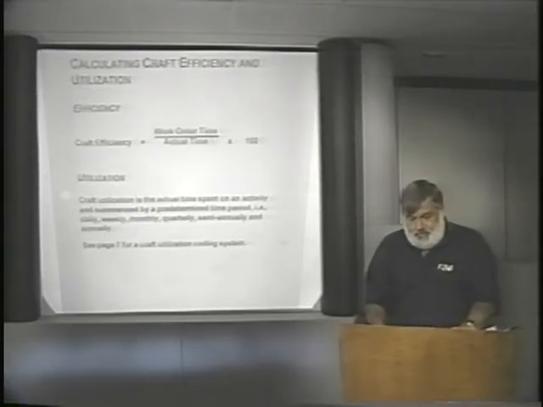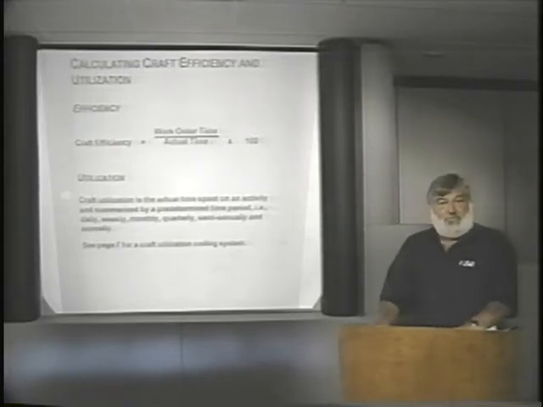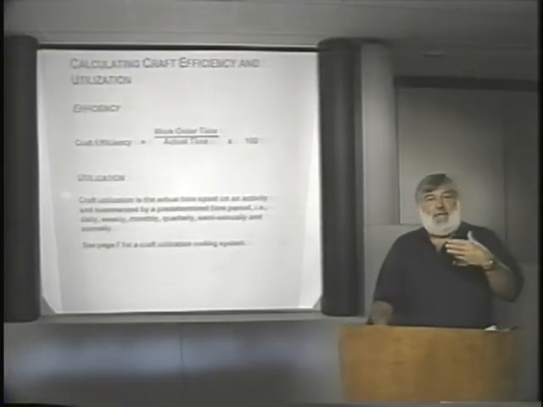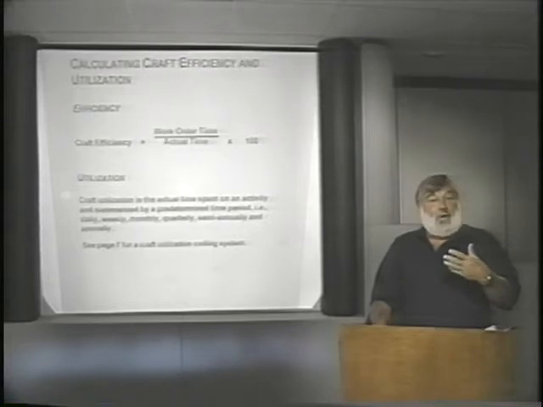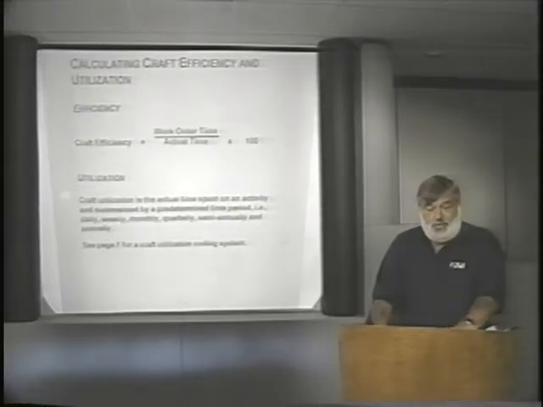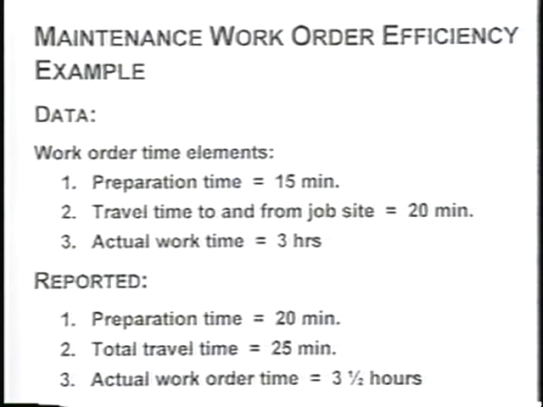But before we do, on pages 5 and 6, we're going through a calculation of what actually occurred relative to a work order. If we look at the work order time elements on the top of page 5, you'll see that the storeroom estimated it will take 15 minutes to get all of the material, the parts, the tooling, and the documentation for that item.